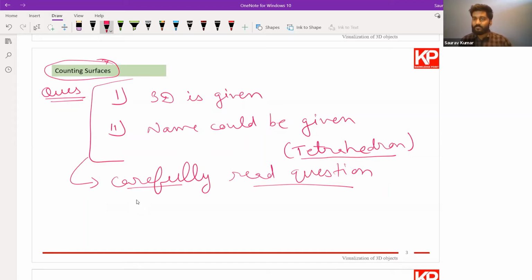If they have asked about only horizontal surfaces, there could be any random figure having a lot of slant surfaces, and the horizontal surfaces could be only 2 or 3 or maybe only 1. So you need not think, why have they given such a complex figure if the answer is only 1 or 2? Those are just some basic tactics that the conducting authorities use to confuse you. So always carefully read what they are asking.